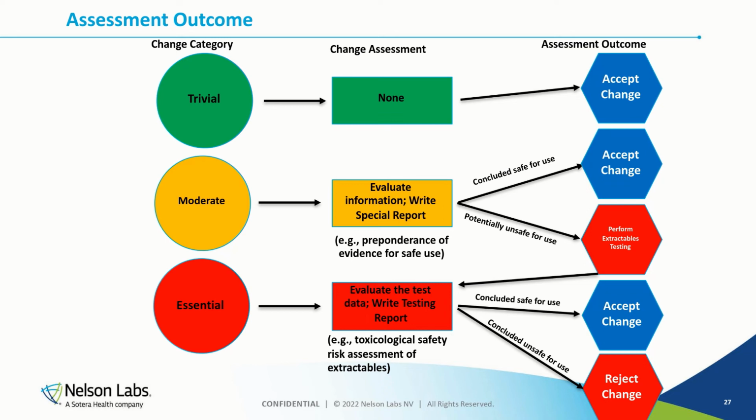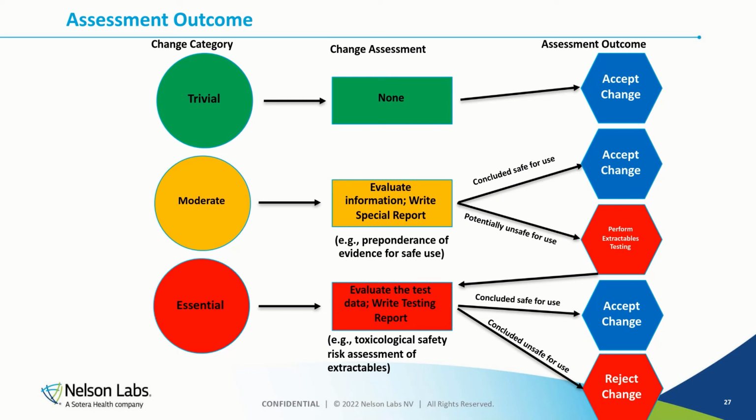Okay. And what is the outcome? Well, there are only two. You either accept the change or you reject the change. So again, I've proposed, and I think it's a reasonable proposition, that a change categorized as trivial should always be accepted.